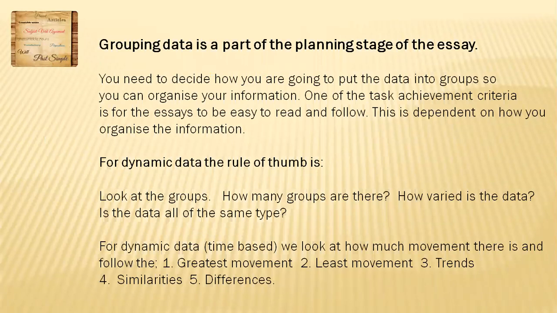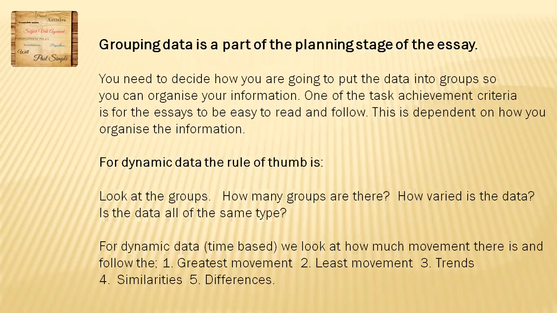So grouping is important. You need to decide how you're going to put the data into groups so you can organize your information. One of the task achievement criteria is for the essay to be easy to read and follow. This depends on how you organize the information.